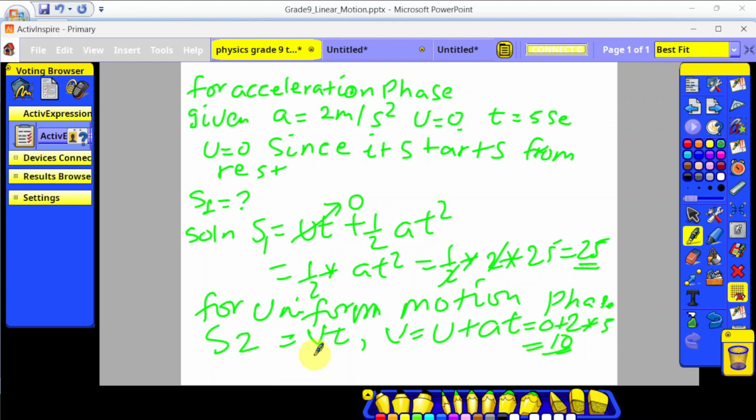So use this 10 inside this. So 10 times t, the time moved for the uniform motion is given to be 10 seconds, which is equal to 100 meters.